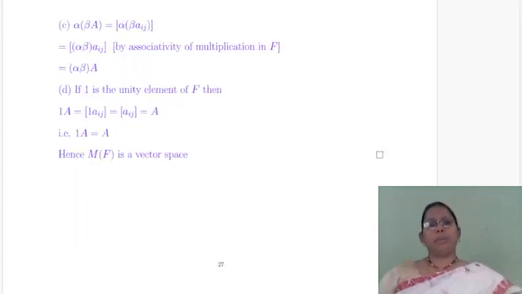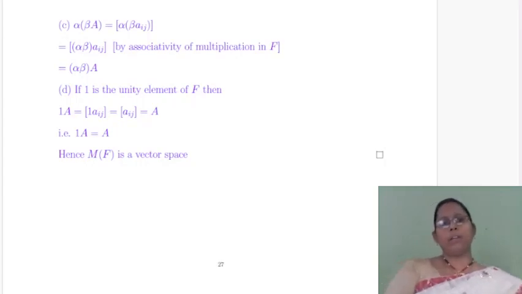Third condition: alpha beta A can be written as alpha beta Aij. Then by associativity of multiplication in F, as alpha beta belongs to F and Aij belongs to F, I will get alpha times beta A. Next, if 1 is the unity element, then 1A can be written as 1 Aij.